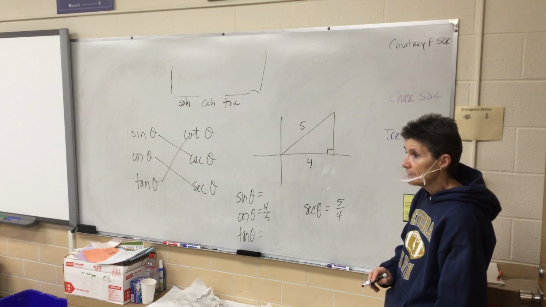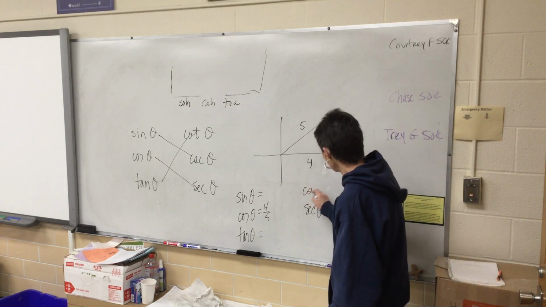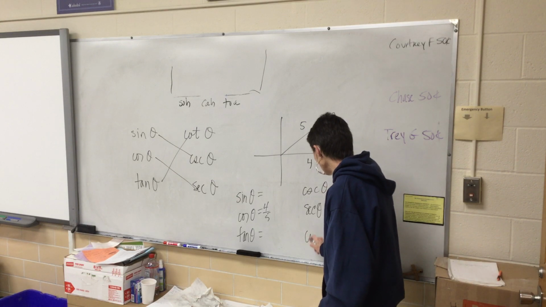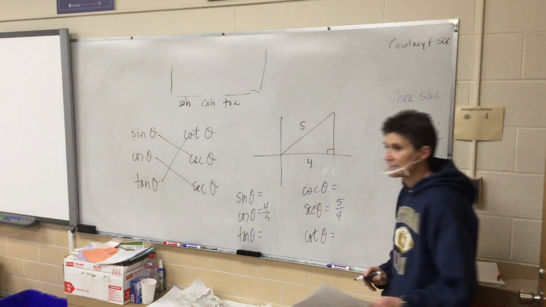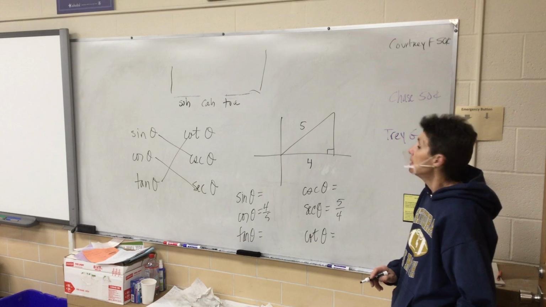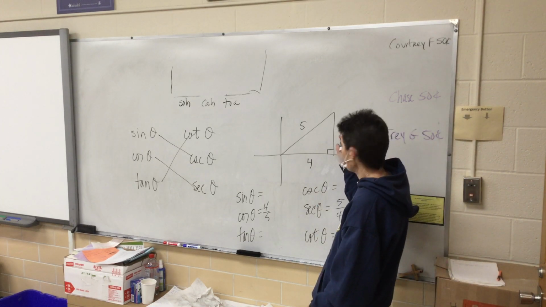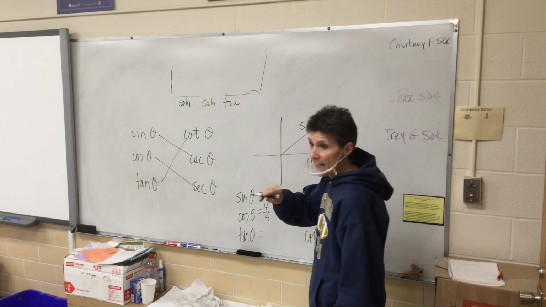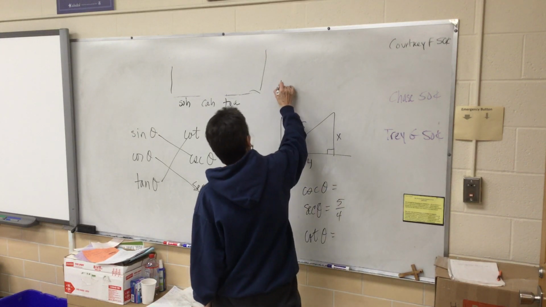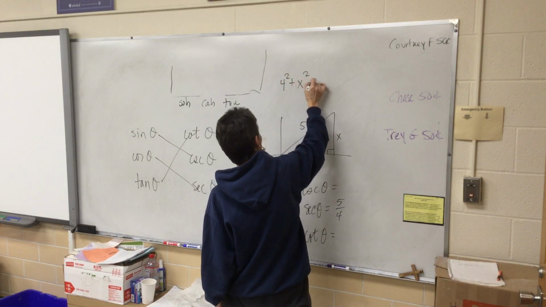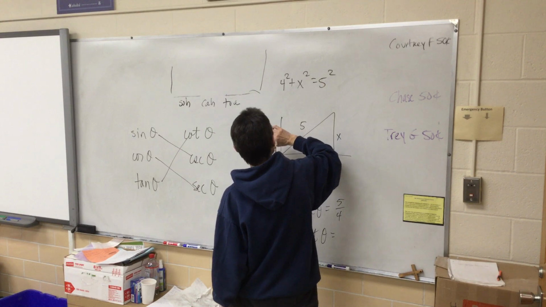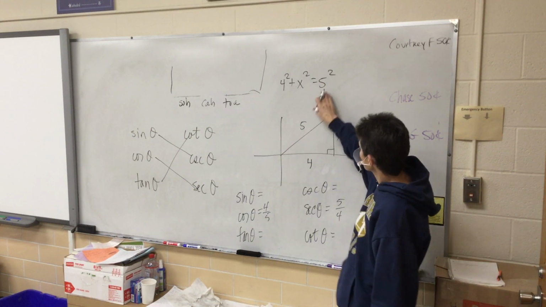Right? Now, what about everything else? How am I going to figure out all the rest of these blanks I have to fill in? Okay. Pythagorean Theorem to find this. So let's do that. 4 squared plus x squared equals 5 squared. Remember, 5 squared is the hypotenuse.